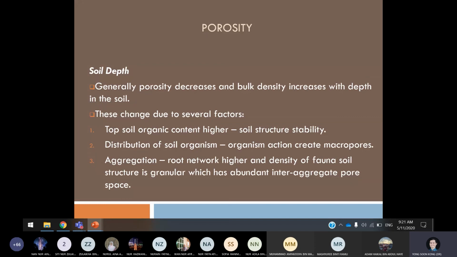The bottommost of the soil horizon can be as deep as several meters, and soil is very heavy. Mind you, soil is very heavy.